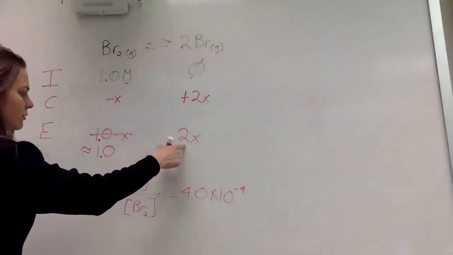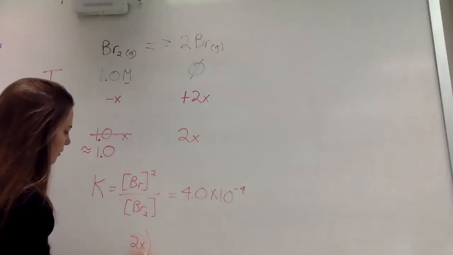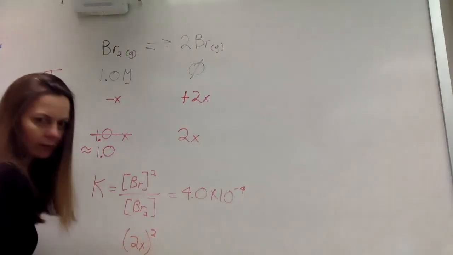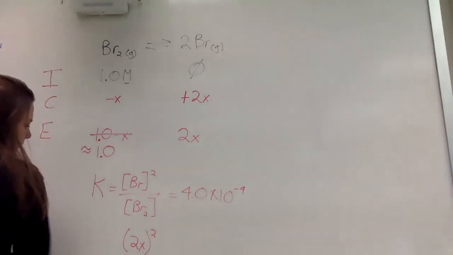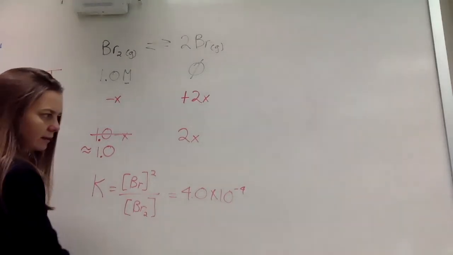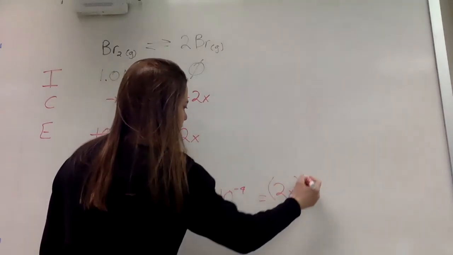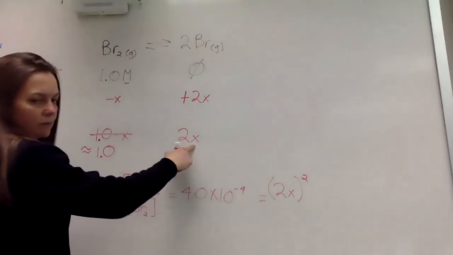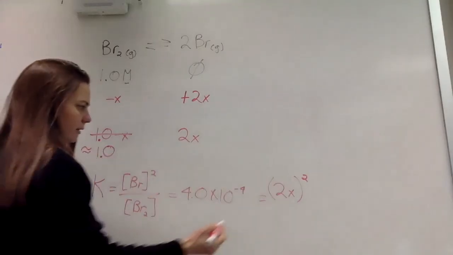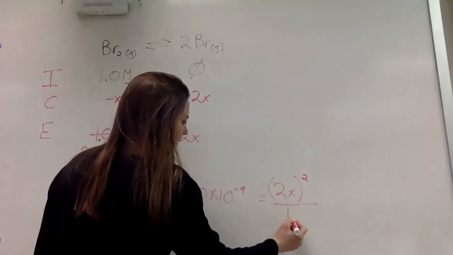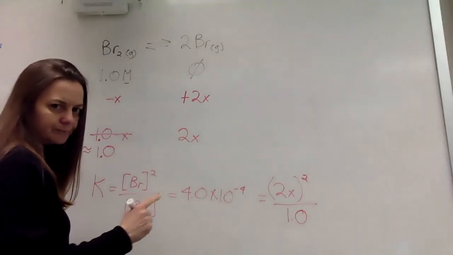And so we have 2x squared, because that value is 2x. It's not x, it's 2x. So we have 2x squared divided by 1 equals 4 times 10 to the negative fourth.